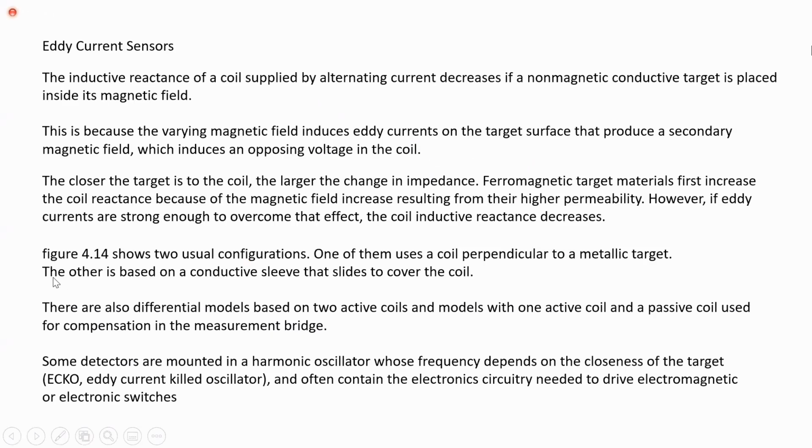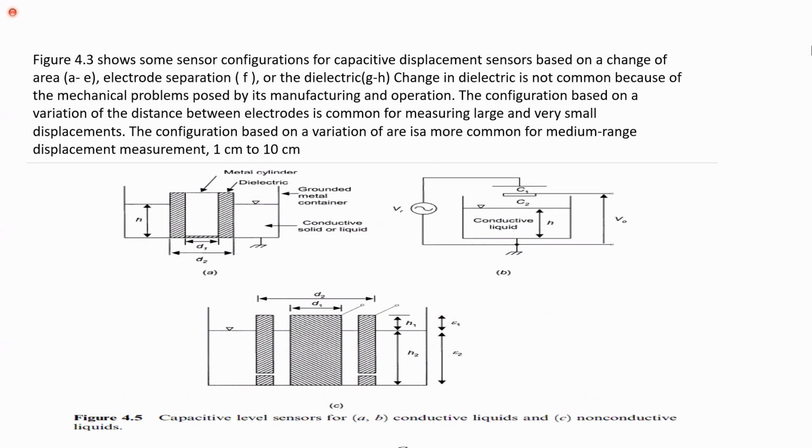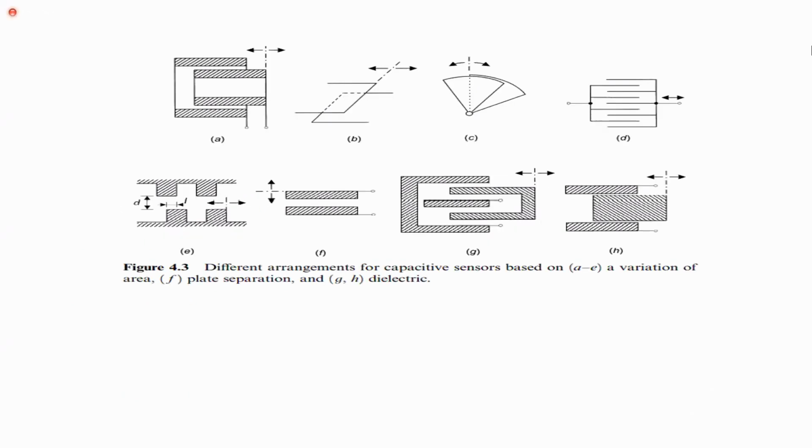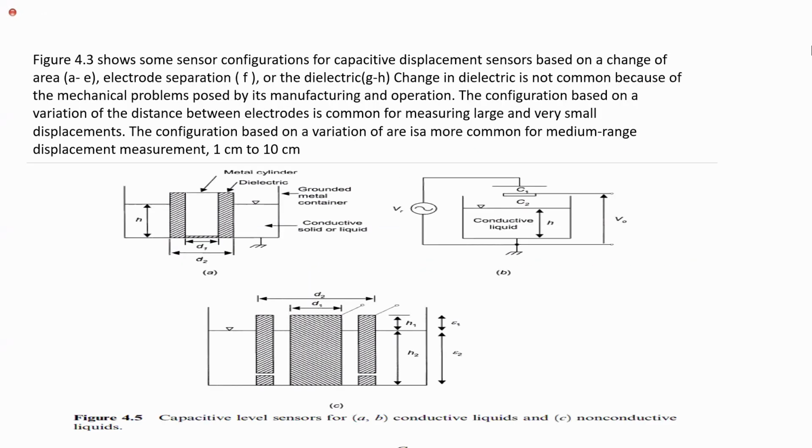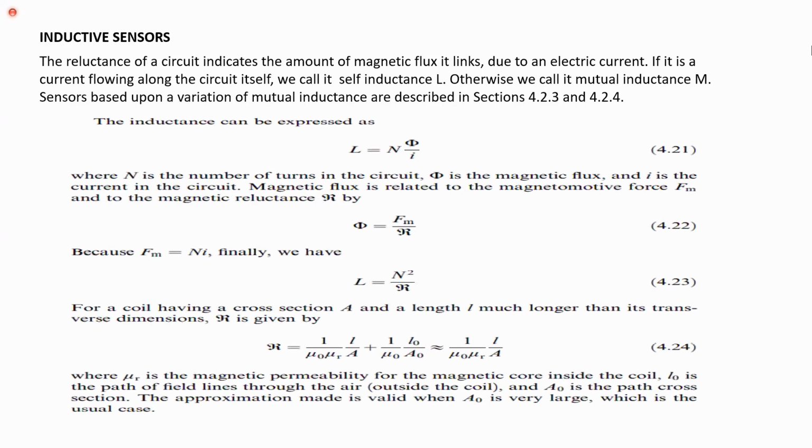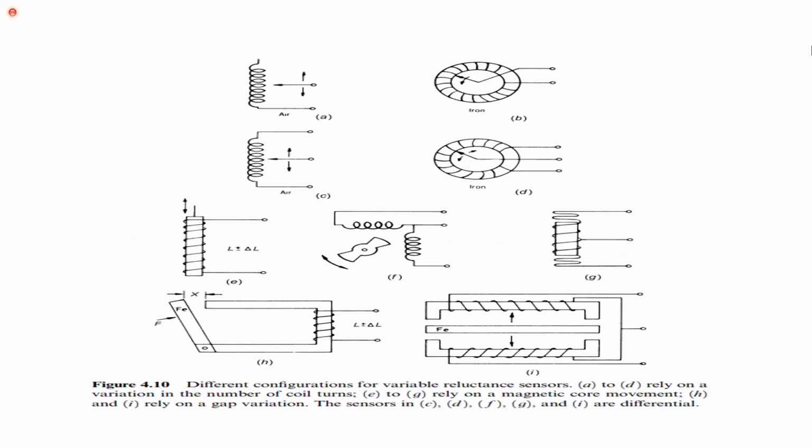So we have discussed capacitor type of sensors. In capacitor type of sensors, we have moved one conductor or one dielectric material to vary the capacitance. And in the inductive type sensors, we have moved core or coil so that we will get variation in the inductance.